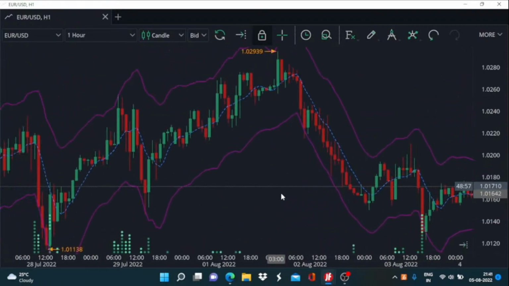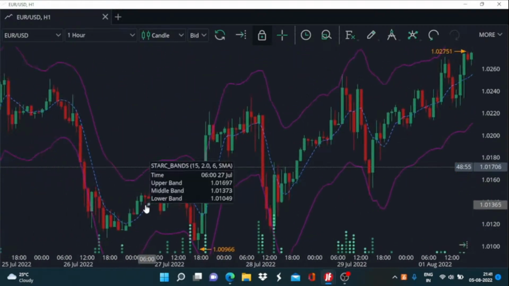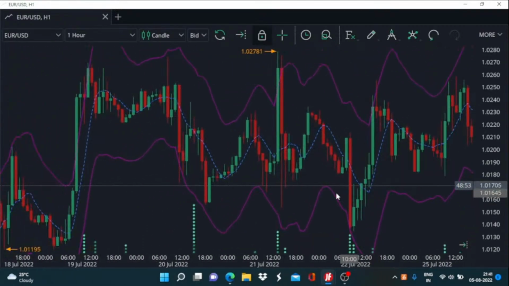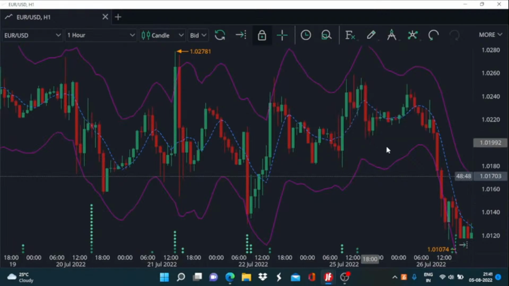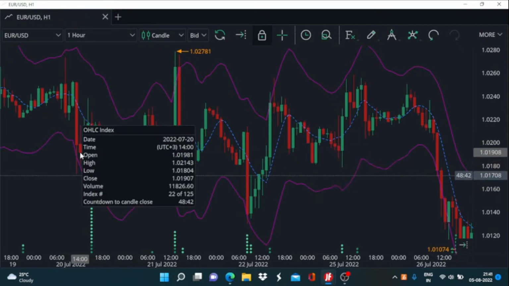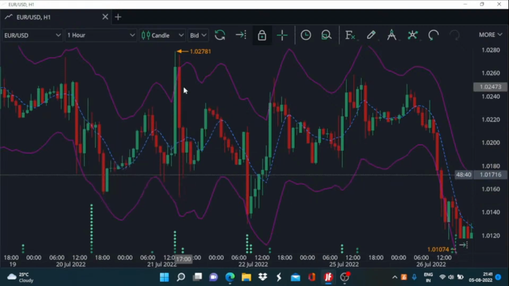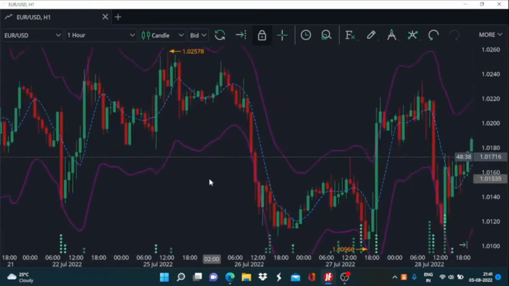That kind of possibility has to be kept in mind, and then the trading decisions should be made. But if it remains in a prolonged consolidation phase, then we will have a lot more opportunities coming our way when we can buy closer to this lower band and sell closer to this higher band.